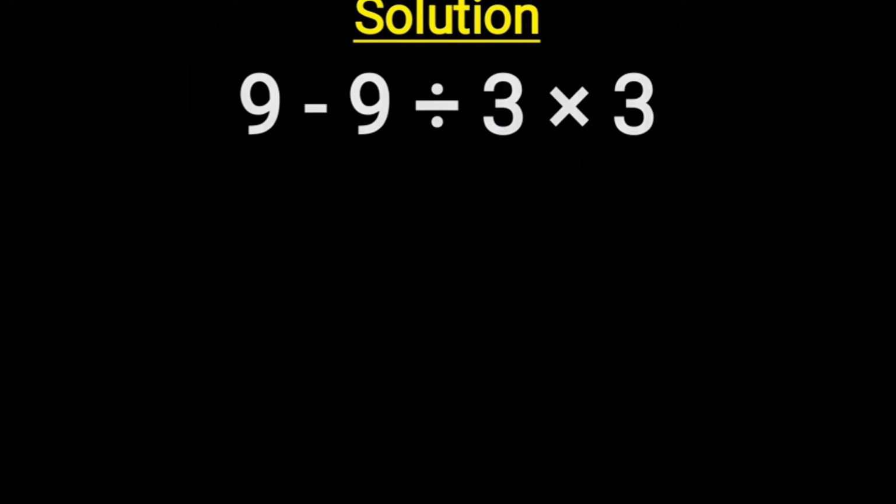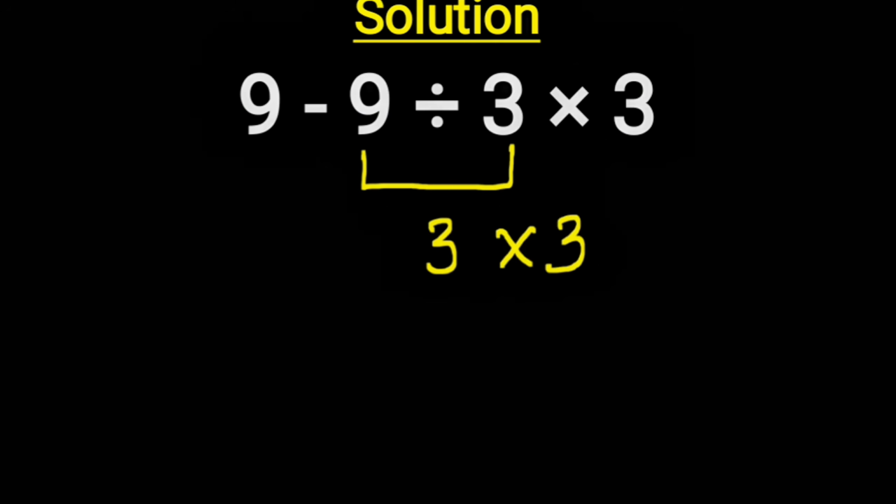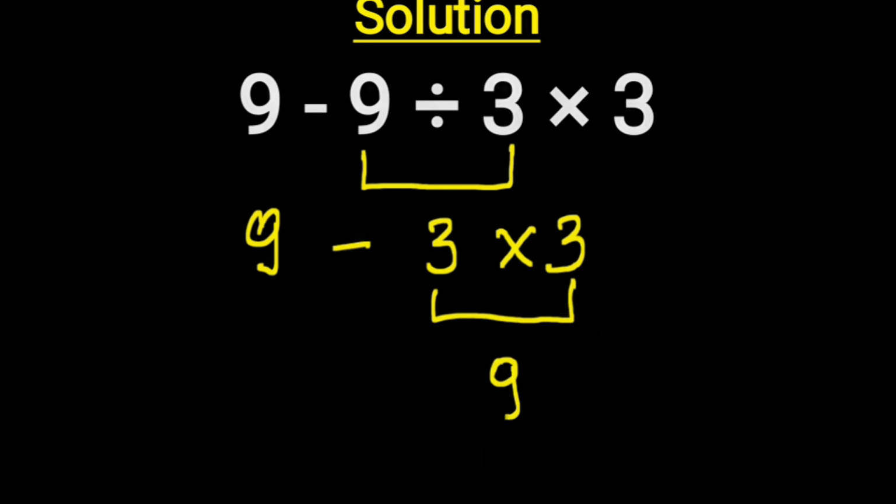We compute 9 divided by 3. That gives us 3. We have now reduced the block to 3 multiplied by 3. The multiplication is now the only remaining high-priority operation. 3 multiplied by 3 equals 9. That entire central cluster has collapsed into the number 9.